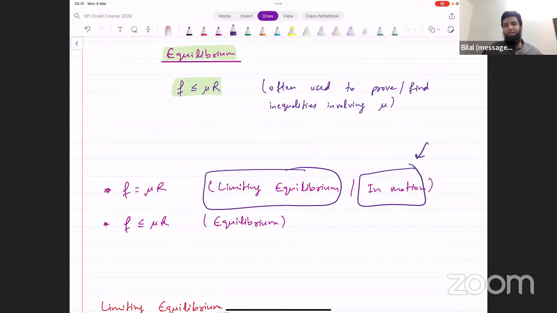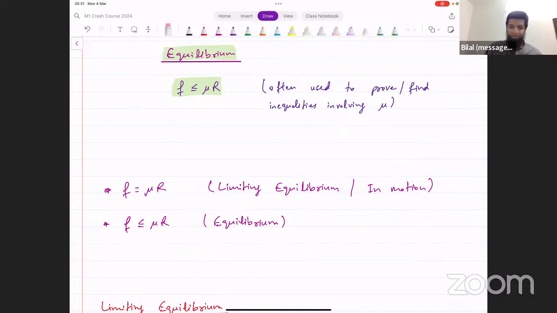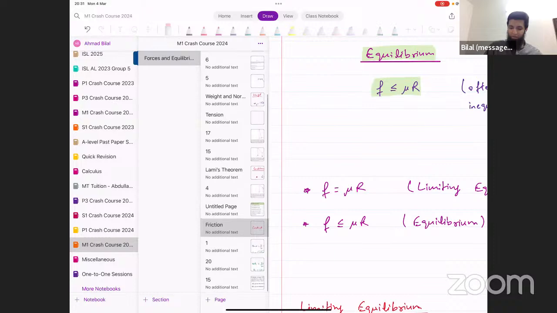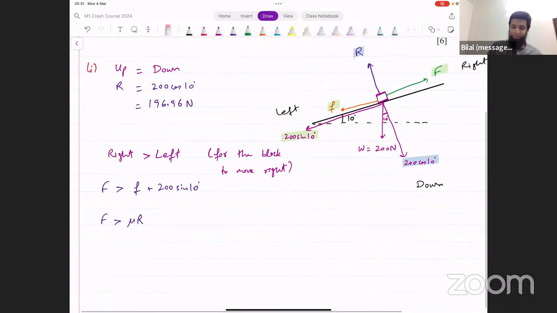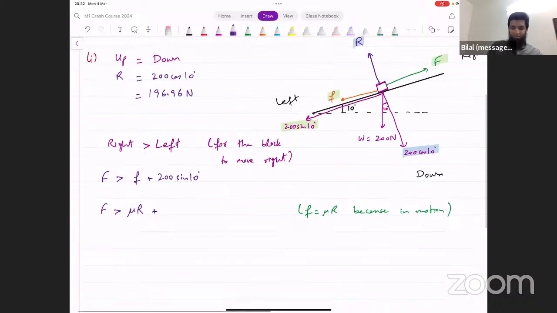So if the object starts moving, friction would be equal to its maximum value, which is mu R. So in this case as well, when the object does start moving, F is equal to mu R, because the object is in motion. Okay, so that means mu R plus 200 sine 10.